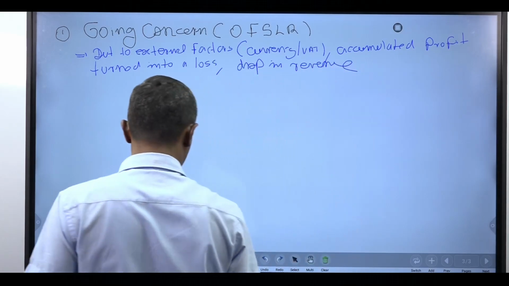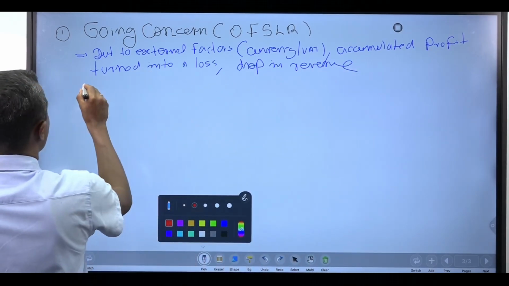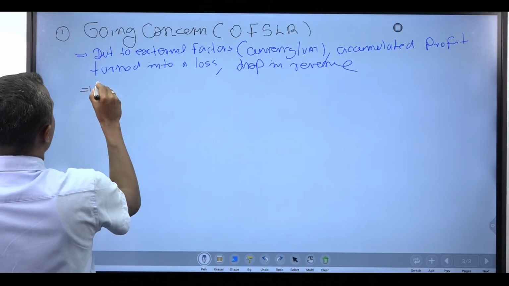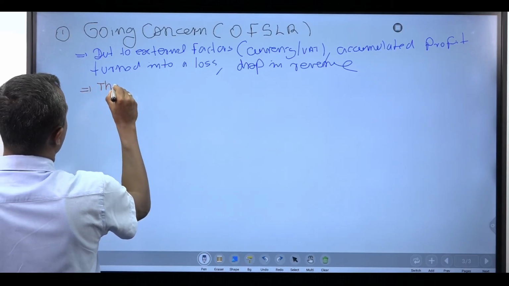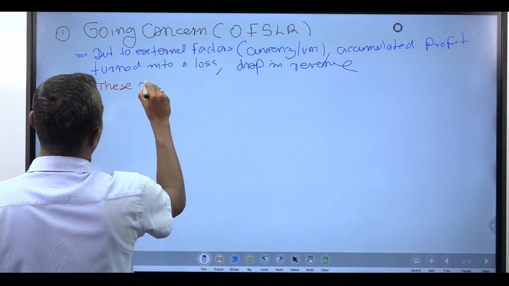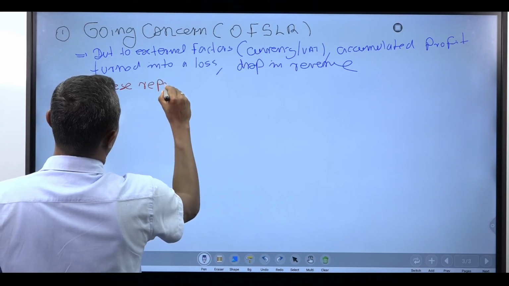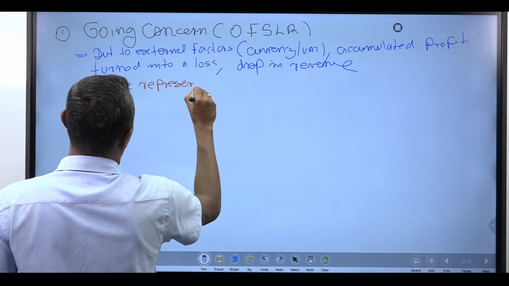Now see, I am writing in red color because this part is critical, right? These are called indicators. These represent, let me say it straight from the standard, right?